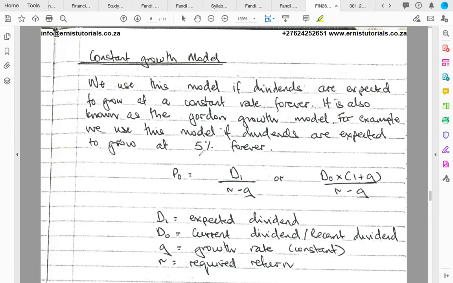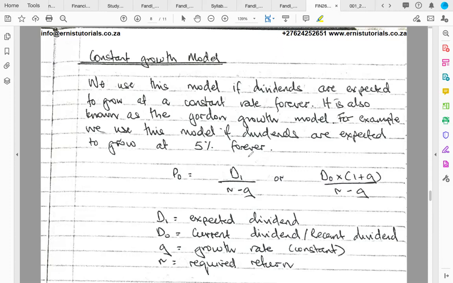So the price of our share today is equal to the expected dividend over the required return minus the growth rate, if we've been given the expected dividend, or the price of our share is equal to the current dividend multiplied by 1 plus growth over the required return minus the growth rate, right? If we've been given the current dividend.